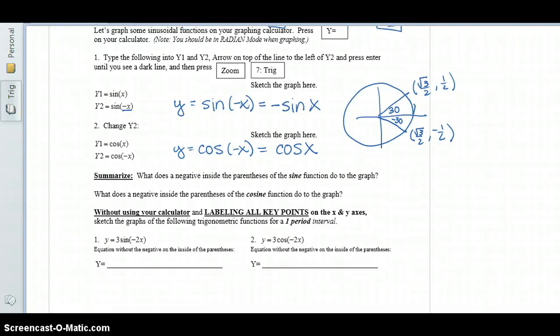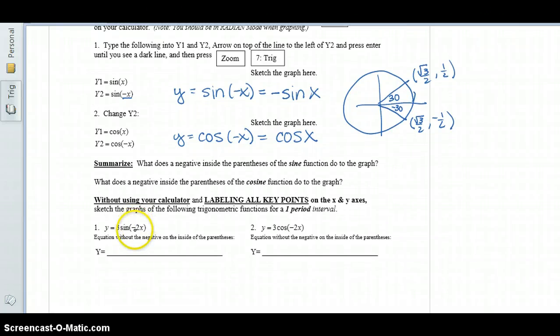So basically what that means for your homework is if it's a sine and there's a negative, you would bring the negative out in front. So this one would have been negative 3 sine of 2x. These are equivalent. If I had given you y equals negative 3 sine of negative x, again, you take the negative out front, and so then that would have been equivalent to writing a positive 3 sine of x.